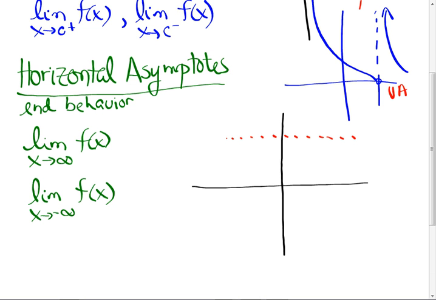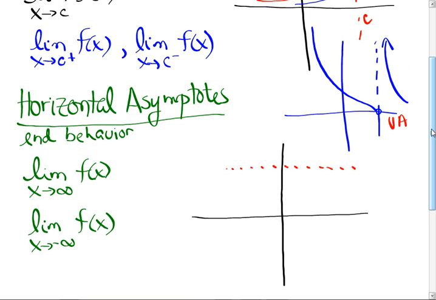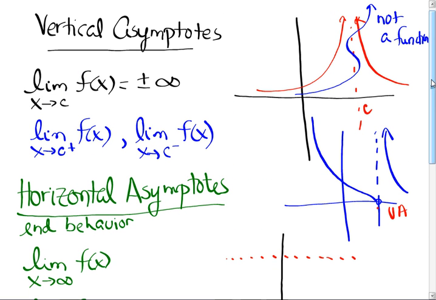I know you're trying to think of what function would do that, but there are some out there. This one would have to ask you from the right and left. What's the limit from the right? Infinity. Limit from the left is 0. And then the upper one, from both sides, they're going to positive infinity. I put that in there to show you that that's not a function. You cannot cross a vertical asymptote.